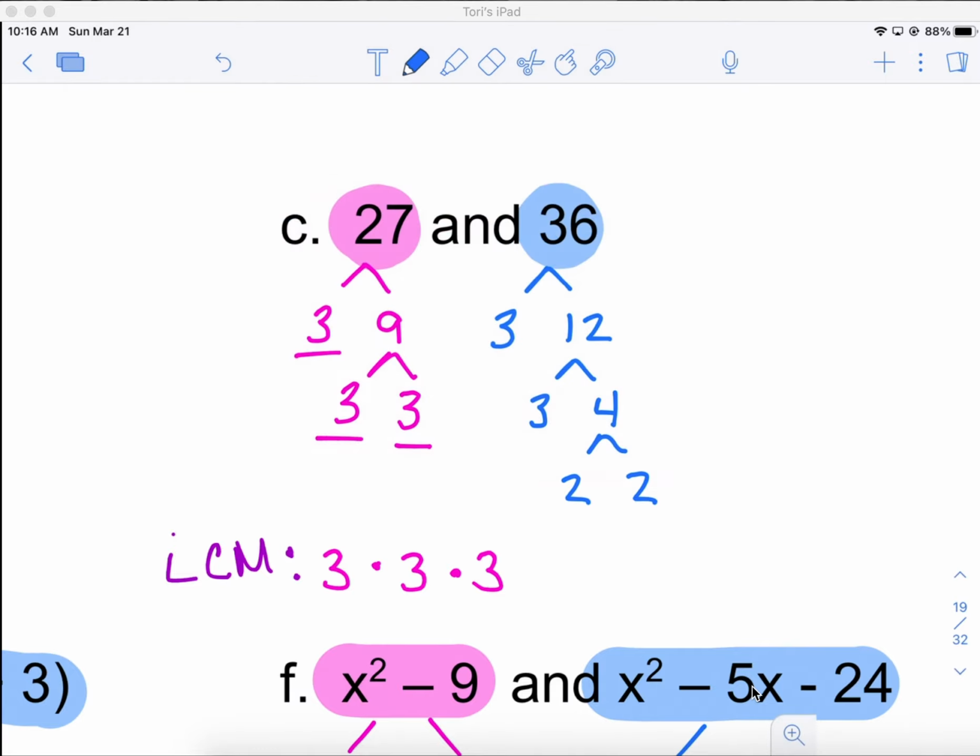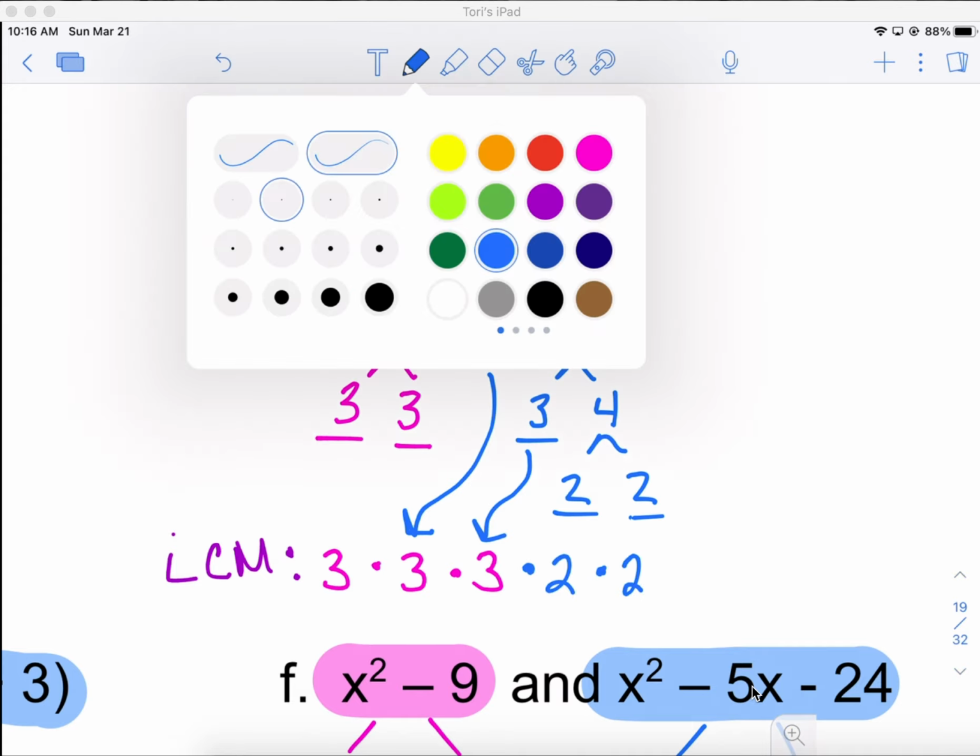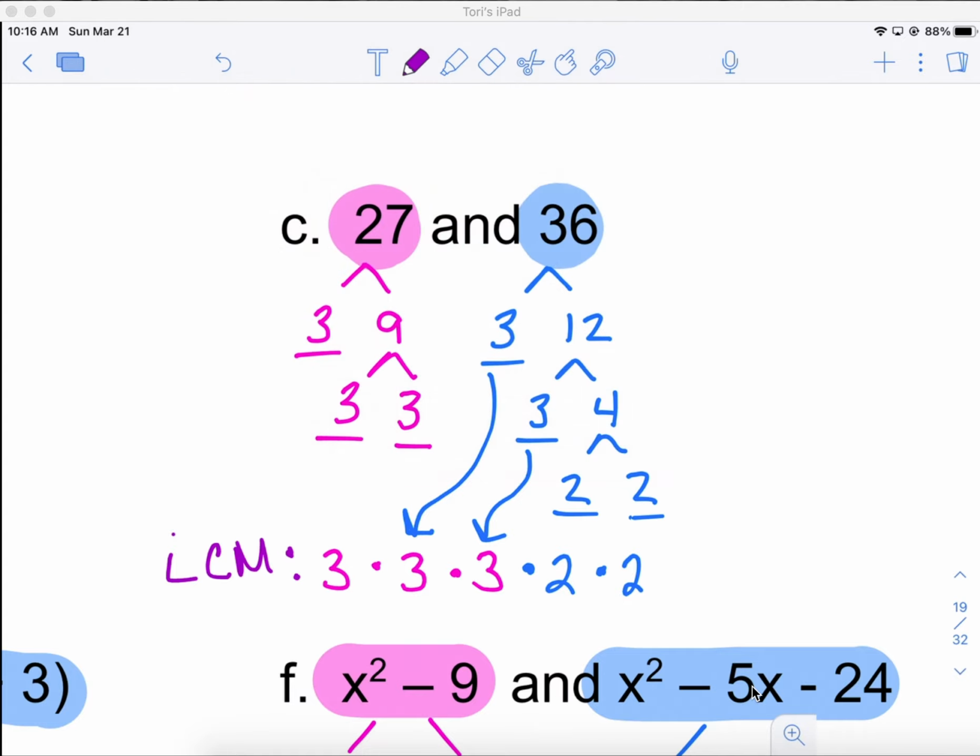I already have the 36 factored out. I have one 3 already in there, and another 3 already in there. So the only additional things I need are the 2's, a 2 and another 2. If I multiply that all together, 3 times 3 times 3 is 27, and 2 times 2 is 4, so 27 times 4 should give me 108. Therefore, my least common multiple or least common denominator would be 108.